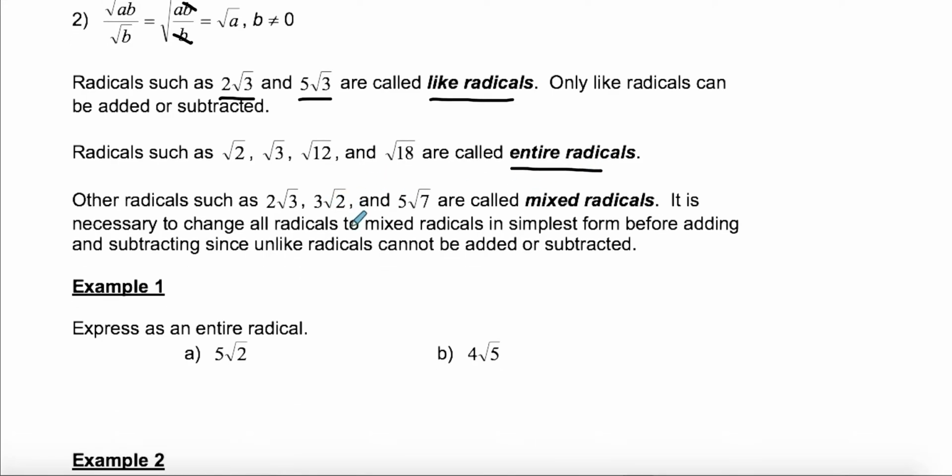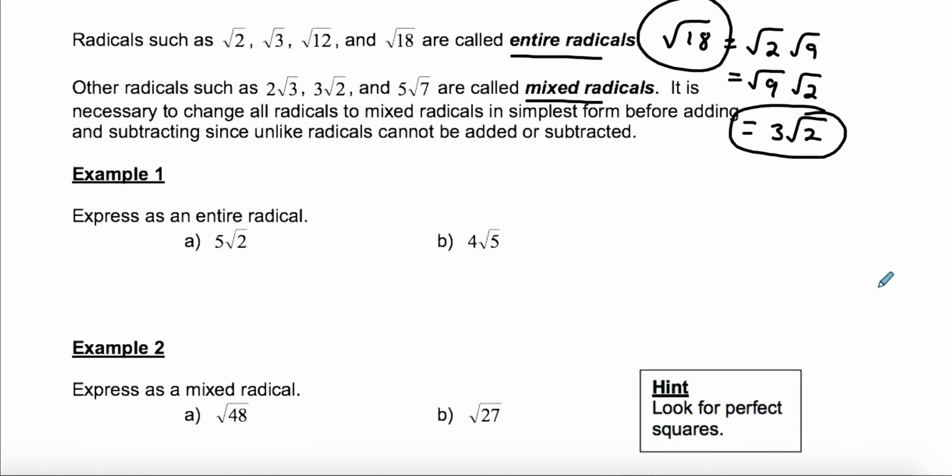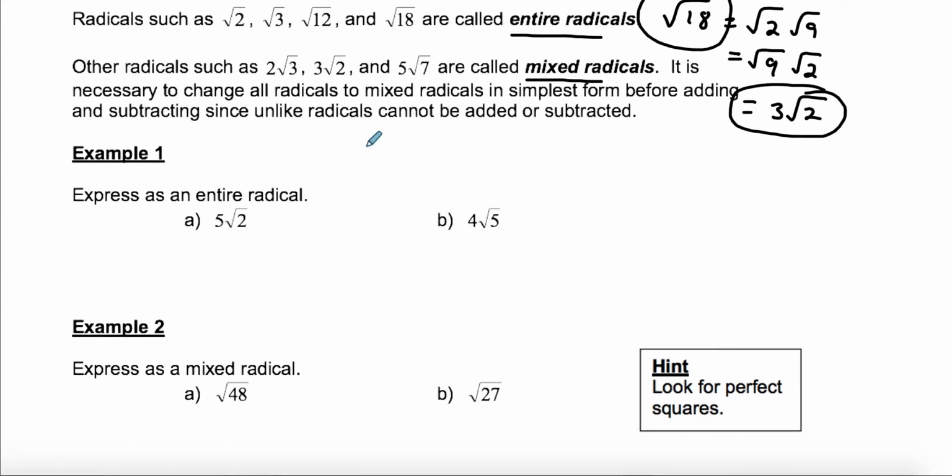But if we break them down into mixed radicals, for example, 2 root 3 is a mixed radical, 3 root 2 is a mixed radical, and 5 root 7 is a mixed radical, expressed as an entire radical. So this is kind of like going backwards. If both of these were radicals, we must have had something like the square root of 25 times the square root of 2. So that's really the same thing as root 50.